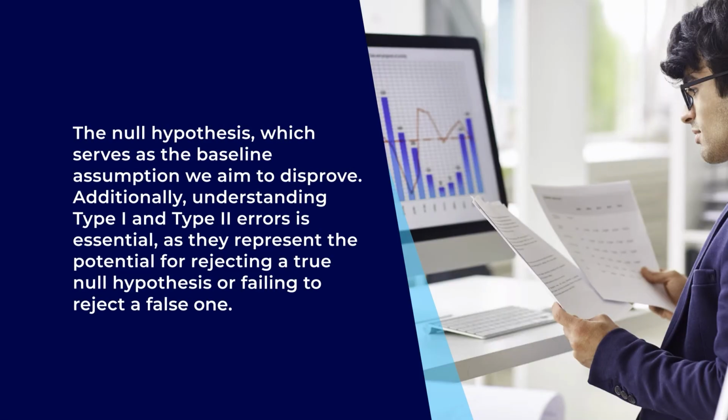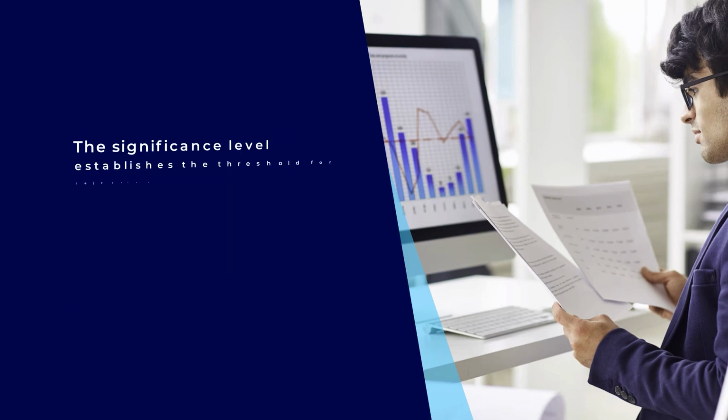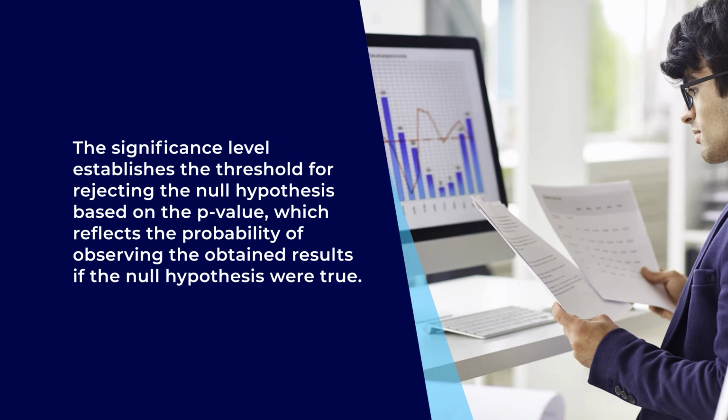We have also discussed some important concepts that are essential for hypothesis testing. This includes the null hypothesis, which serves as the baseline assumption we aim to disprove. Additionally, understanding type 1 and type 2 errors is essential as they represent the potential for rejecting a true null hypothesis or failing to reject a false one. The significance level establishes the threshold for rejecting the null hypothesis based on the p-value, which reflects the probability of observing the obtained results if the null hypothesis were true.